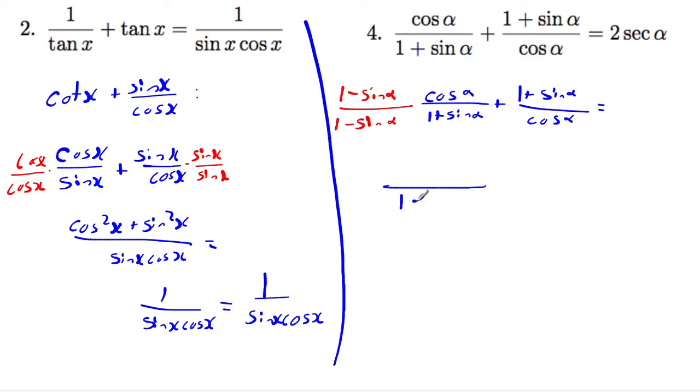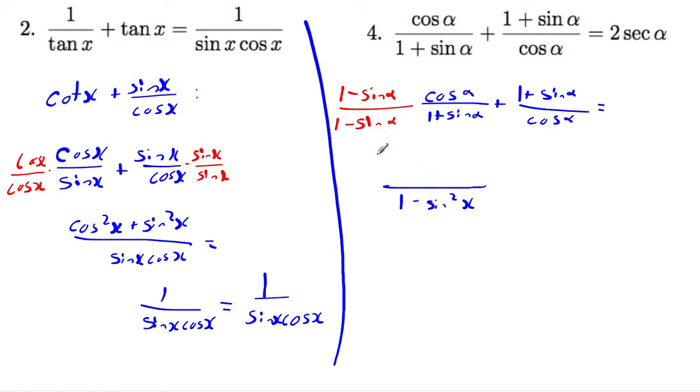So I get 1 minus sine squared of alpha. You could multiply this out as a binomial, but you're still going to get a binomial squared.